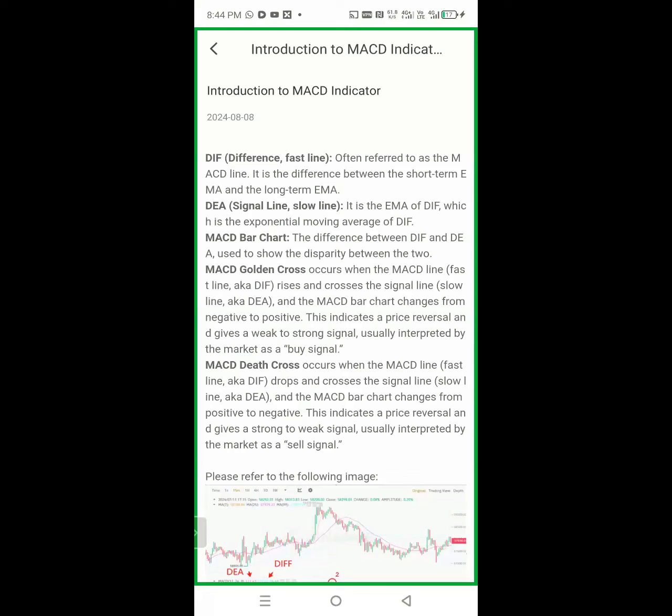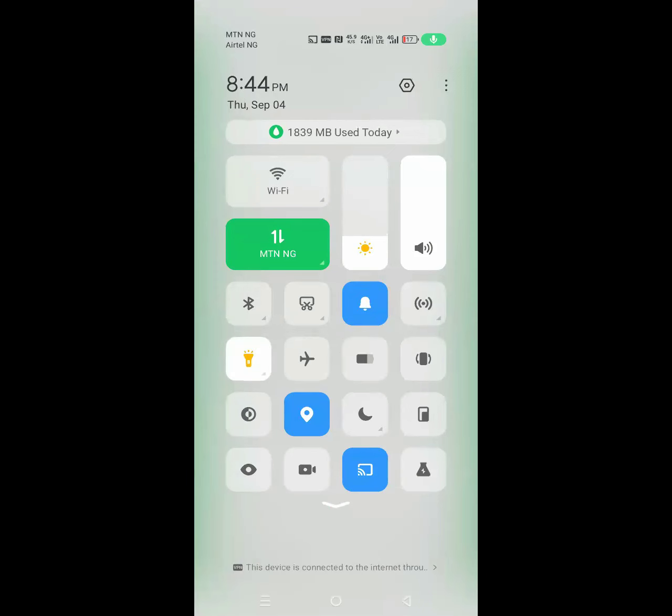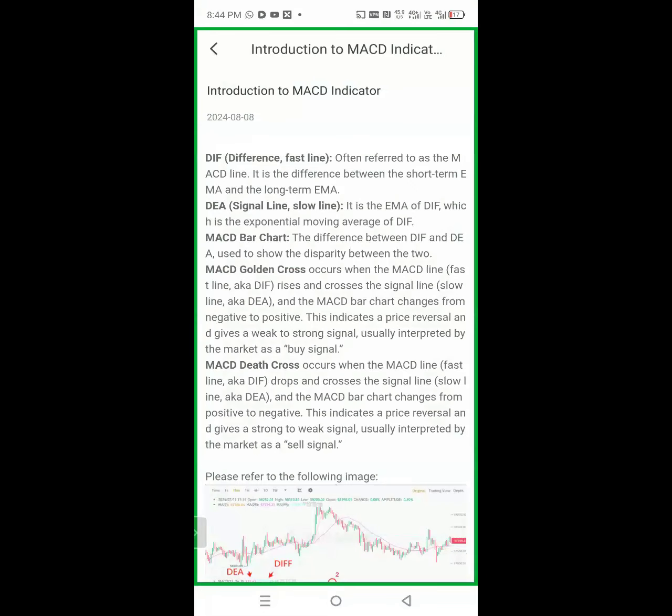This indicates a price reversal and gives a strong-to-weak signal, usually interpreted by the market as a sell signal. That means once a death cross happens at the top, the trade wants to fall, so you have to short the trade.